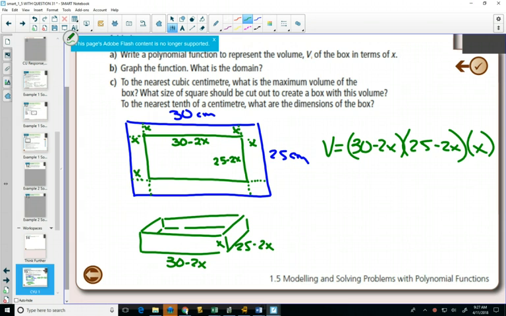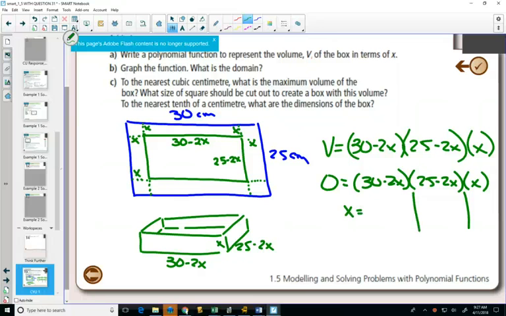So we've done A. We've written a polynomial function to represent volume in terms of x. Graph the function. Figure out its domain. So when I'm graphing the function, I'm going to use my end behavior, my x-intercepts and y-intercepts, and multiplicity to graph this. So if I want to figure out my x-intercepts, set this equal to 0. It's already factored.